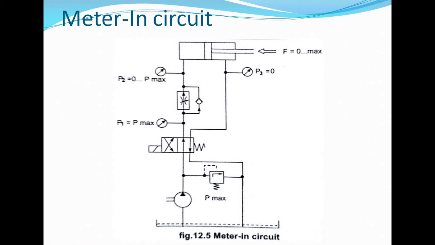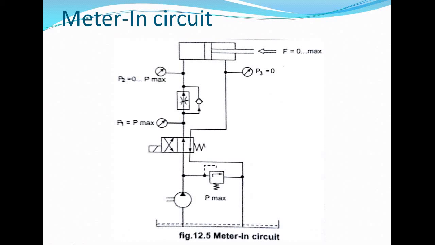So in this position of the DC valve, oil will flow in this direction. Here there are 2 ways. Either it will go straight, or there is a diversion. If it goes in this diversion, there is a check valve.